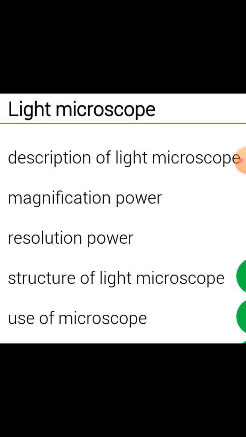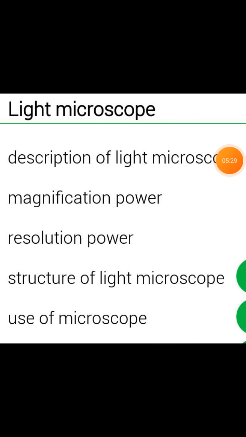So the resolution can be 0.2 nanometers. Oh, sorry, I have told you wrong. 0.2 micrometer. The resolution of a light microscope can be 0.2 micrometer.